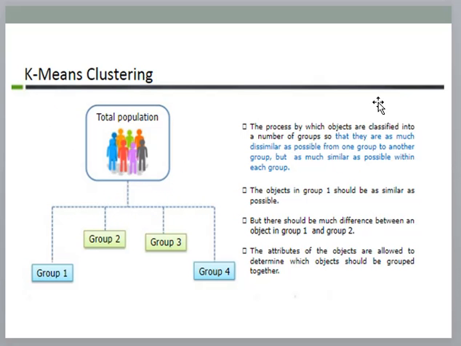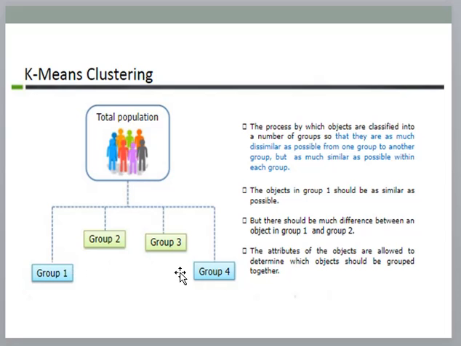Now in k-means clustering specifically, the target is the same as in any clustering algorithm. We have a total population, or a set of samples, and out of this total population of samples, we try to make different groups or clusters.